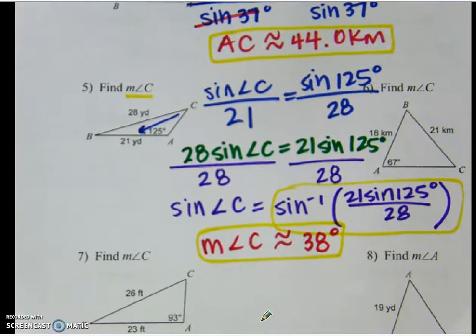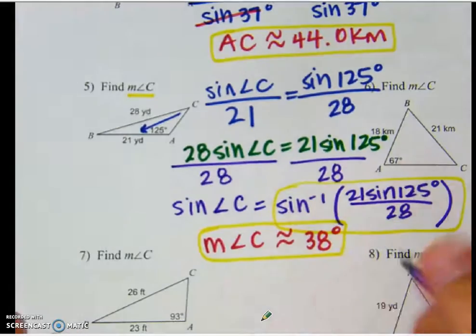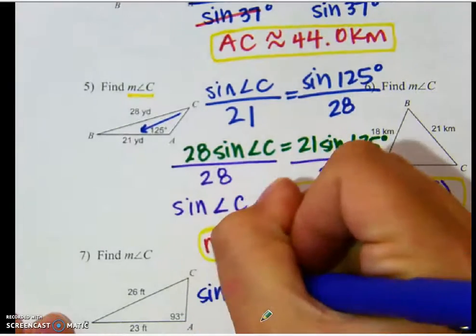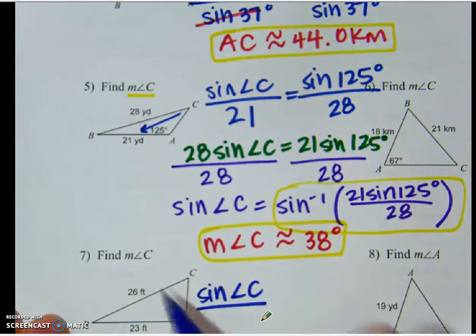Okay, so that's angles. All right, we'll go ahead and do number 7. That way I've done half of it for you, and you can do the other half for homework or for your assignment. Okay, so for number 7, again, I'm going to start with sine of angle C, because that's what they're asking for.